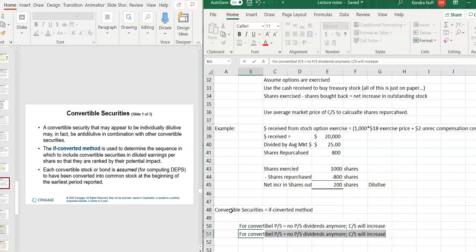For convertible bonds, you have to adjust net income by the interest expense, and actually it's net interest expense. Let's see what they have here.